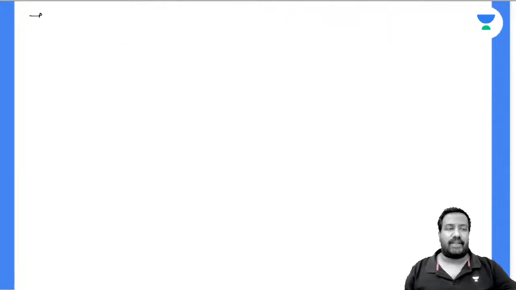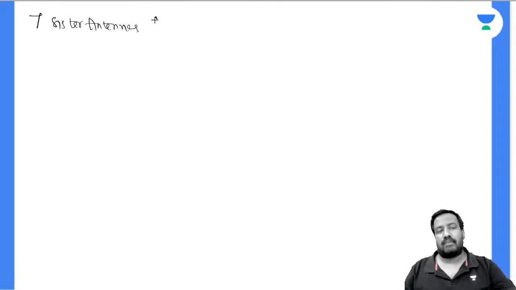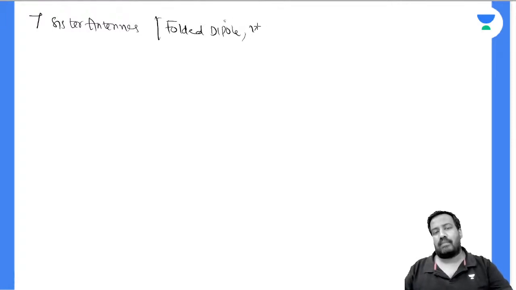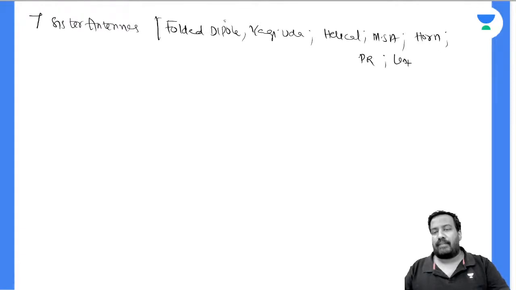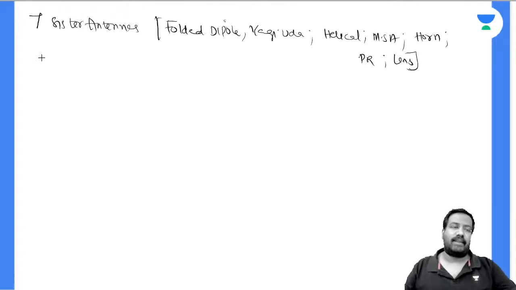Then we had seen the 7 sister antennas, which are folded dipole, Yagi-Uda, helical, microstrip array, horn, parabolic reflector and lens antennas.